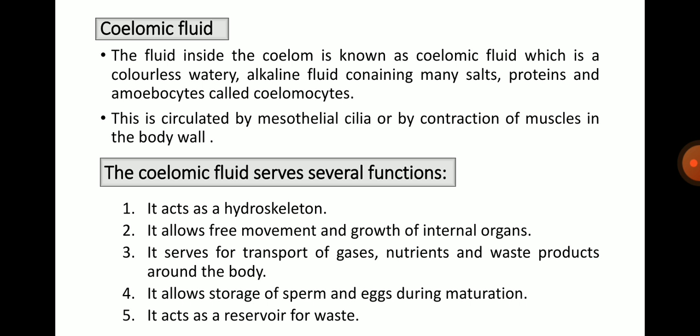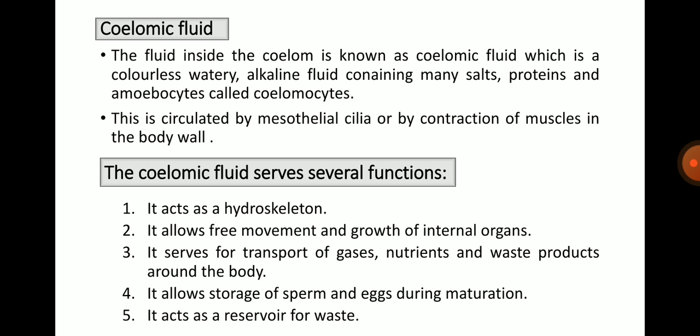In annelids, the coelom is divided into fluid-filled compartments by transverse partitions called septa, which extend from the annuli of the body wall to the alimentary canal. The wall of the septa is perforated, through which coelomic fluid communicates from one compartment to another.